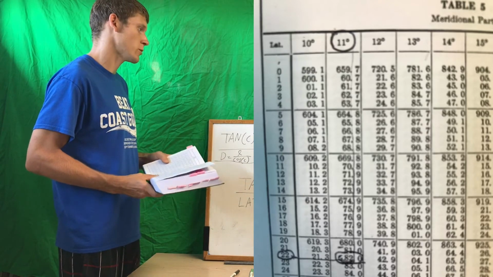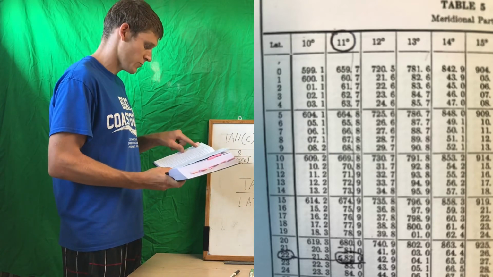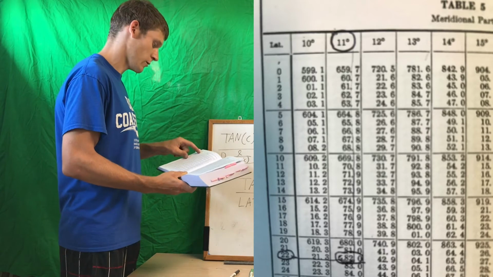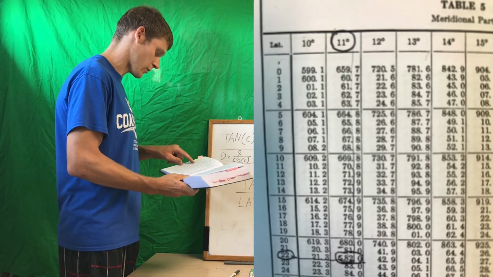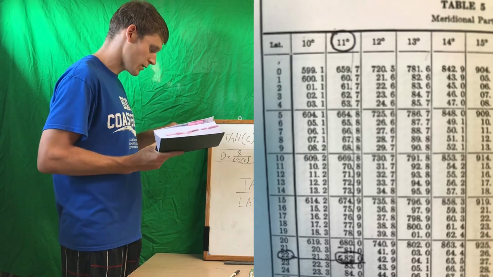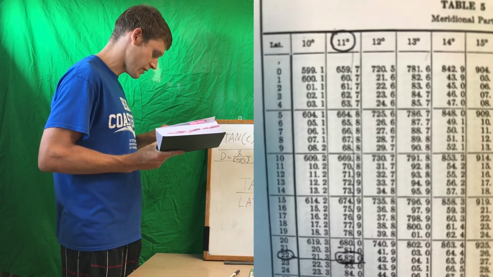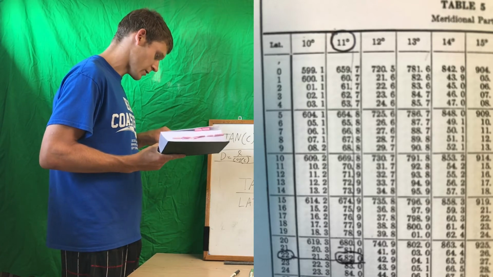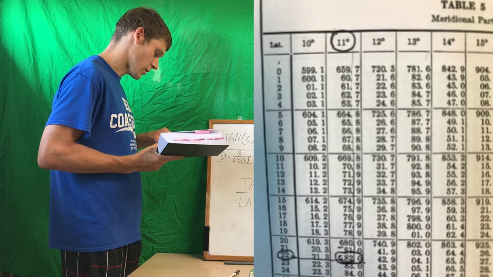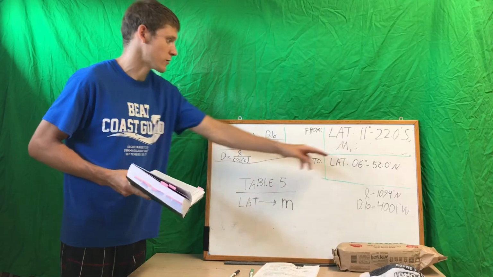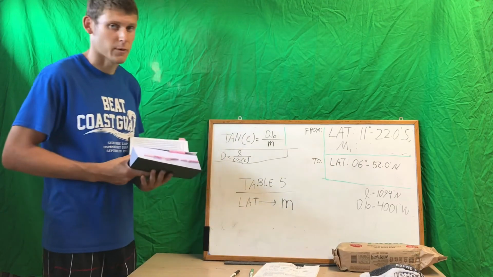And what you're going to do is you're just going to slide your finger from 11 degrees, the degrees you want, all the way down until it matches up with the minutes. And on the page, you can see that 11 degrees and 22 minutes gets you 682.0 meridian parts. And all you're going to do is you're just going to mark that as your M1.